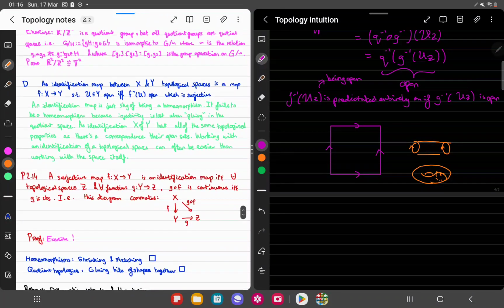Suppose, okay, what am I supposed to do? I have a surjective identification map.